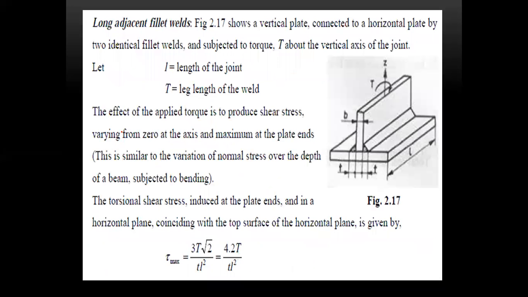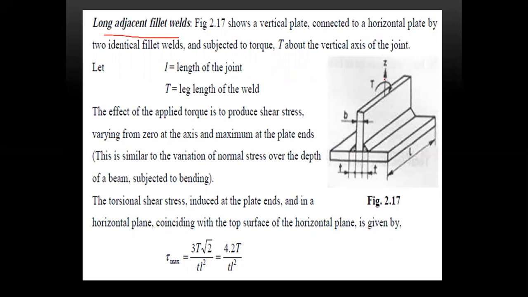Next, load adjacent fillet welds. This shows a vertical plane connected by the horizontal plane. So it is simply nothing but a T plate. Now if you see the welded portion t, is a width, this is an axis, the direction.